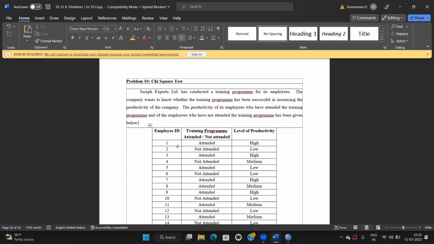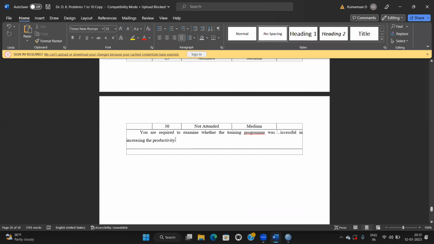Okay. So here, what is the question? You are required to examine whether the training program was successful in increasing the productivity. If the question is asked like that, and the data is given as ordinal data, the samples are divided as attended, not attended, taken, not taken, then we have to apply the chi-square test.